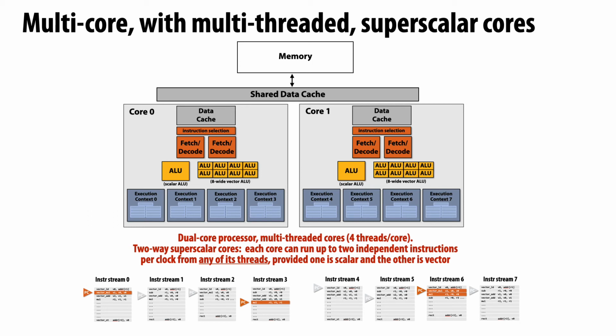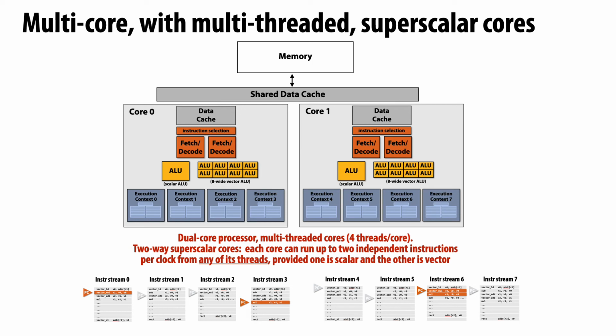And each core can execute a single scalar instruction and an 8-wide SIMD vector operation per clock. And if you look down at the bottom, notice that now I've given this processor 8 instruction streams because there's 8 hardware thread slots. And in this particular example, core 0 decided to pull an instruction from its thread 0 and 3, and core 1 decided to pull 2 instructions from instruction stream 6.